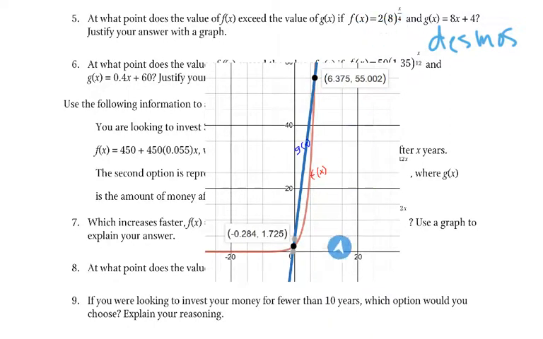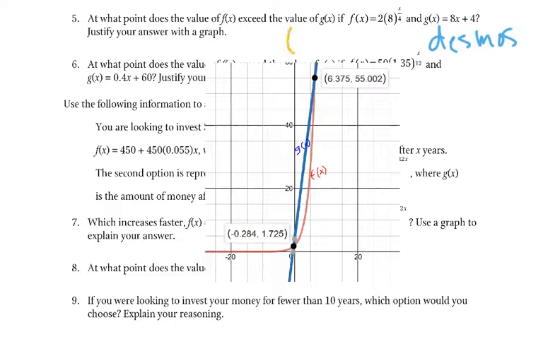So, f of x is the red, so we can see clearly right here that at about an x value of negative 0.284, they intersect, the linear and the exponential. Okay, but that's in the negative, so that really doesn't make sense to exceed. Okay, so as we go, right here at this point, 6.3 for x, that's when f of x is bigger than g of x.